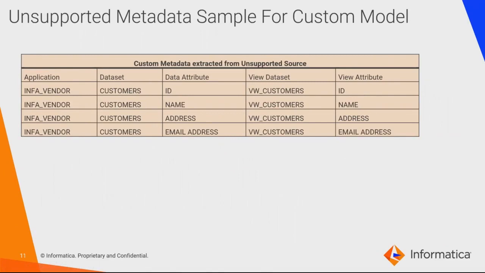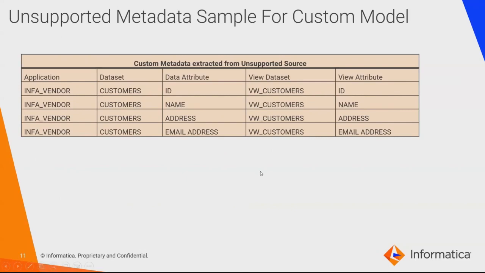I have an application like an info vendor, and inside that I have a couple of data sets, and each data set has a few attributes. Now I need to think about how I want to represent this in the catalog. According to that, I need to define the classes, then define the associations between those classes, and then finally tag those attributes to bring in the characteristics of these objects.